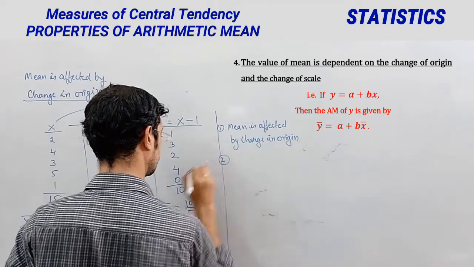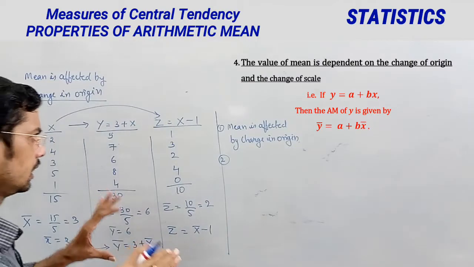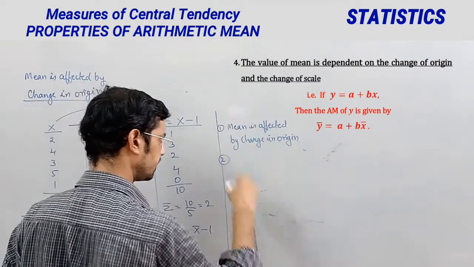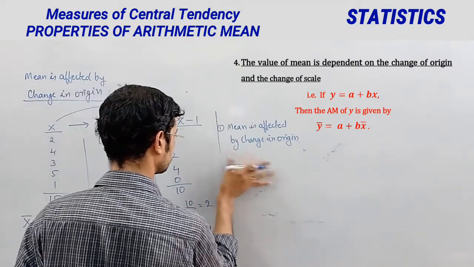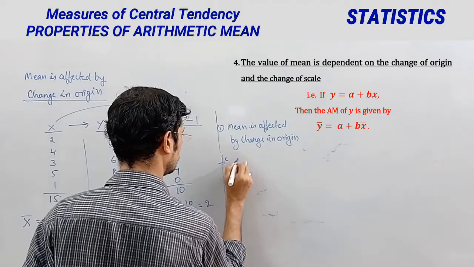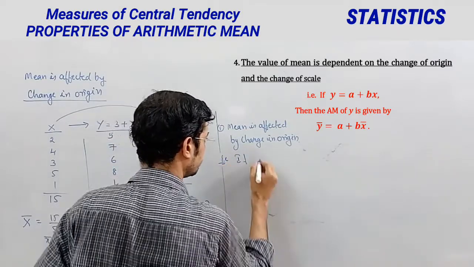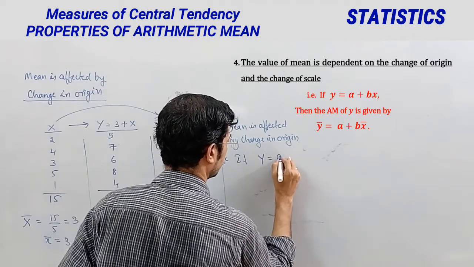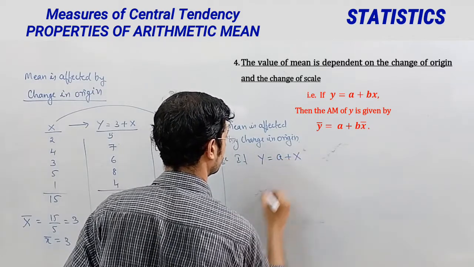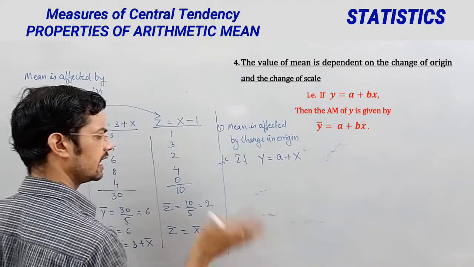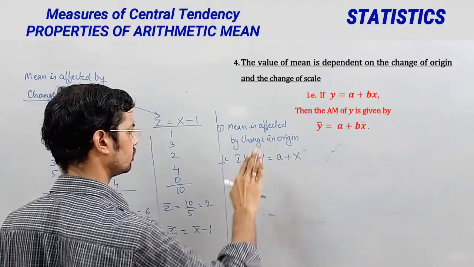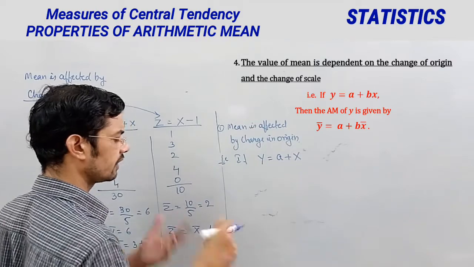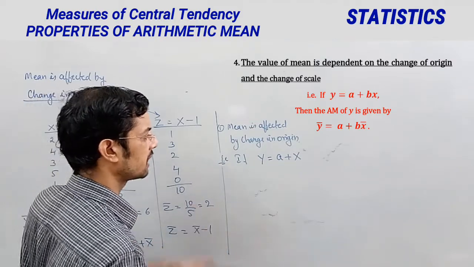The second one is the same thing but written mathematically. If you create a new variable y by taking a plus x, adding a to x, where a can be positive or negative. If a is positive, we say we are adding a to x, and if a is negative, we say a is subtracted from x.